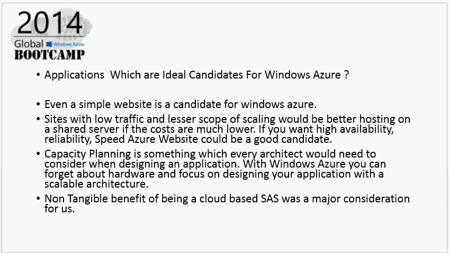In earlier days we had to talk to the infrastructure guys and make sure that the hardware is available. Now with cloud computing, everything could be done at the click of a button.